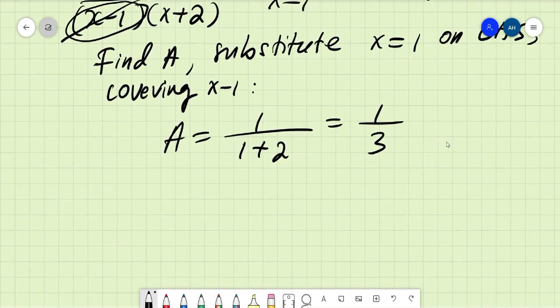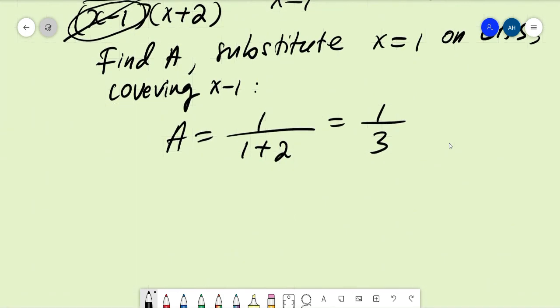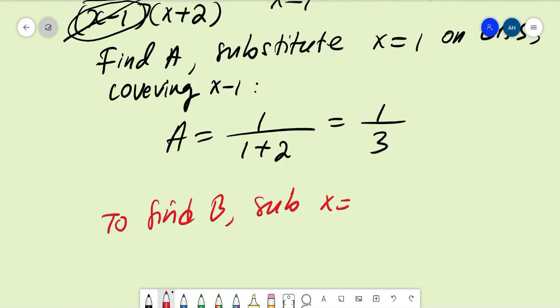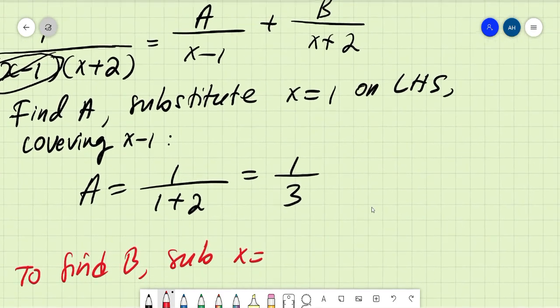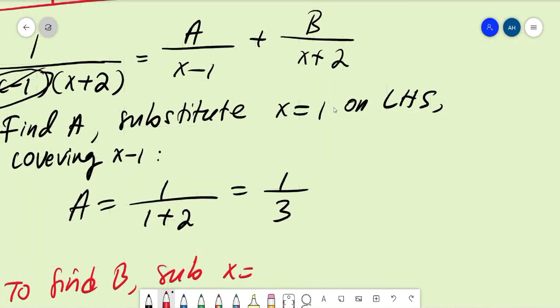All right. Now, the same process, what we have to do is to find b. Let's write down finding b. To find b, we have to substitute x from this factor here, x plus 2.